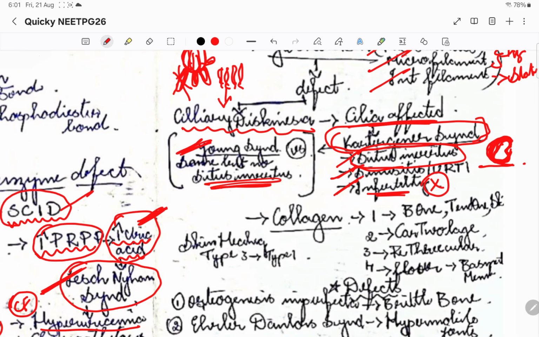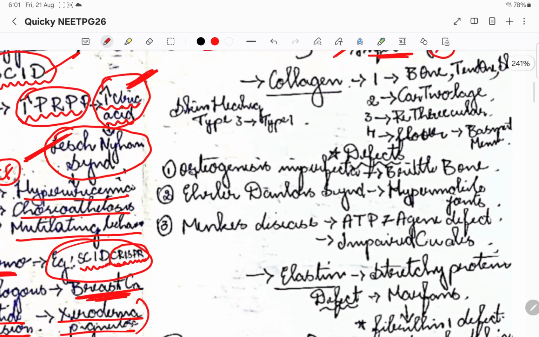Then moving down, let us discuss collagen types and their defects. I told you collagen is very important in our body. I was talking about collagen in orthopedics and in dermatology also. So let us see what the types of collagen are and what defects we see if there is a collagen defect.